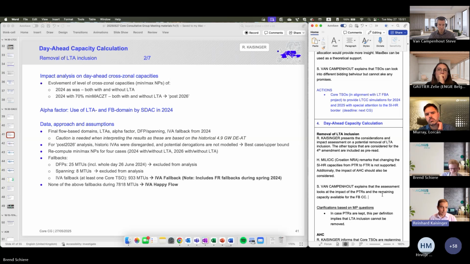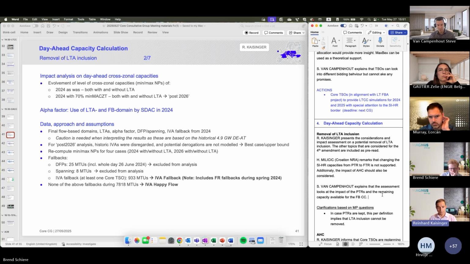And in terms of data sets, we distinguished 2 cases. First, we took out the days or hours with default flow-based parameters, which were 25 hours, and 8 with spanning. And we separated cases with IVA fallback, so when at least one core TSO triggered IVA fallback.